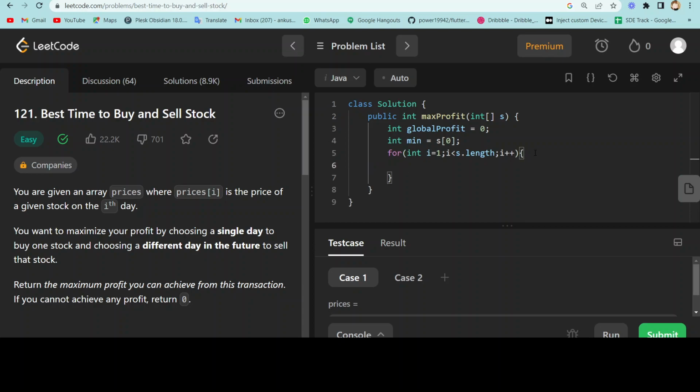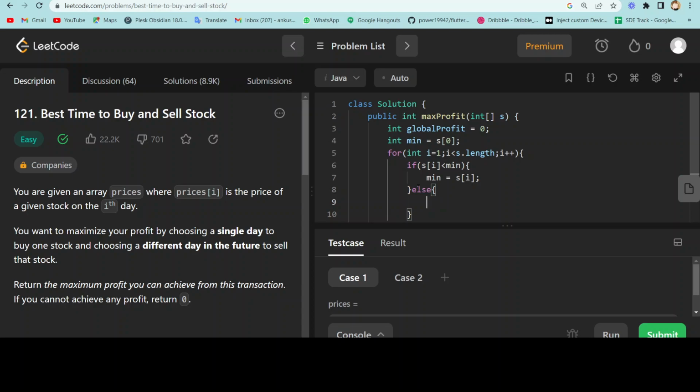Starting from the second element going until the end, we'll check if my s of i is less than minimum, then I'll just update my minimum, that is, minimum equals s of i, right? Else I will check.